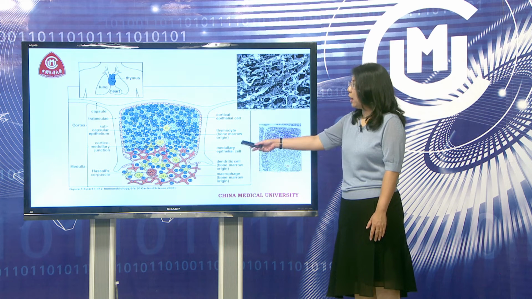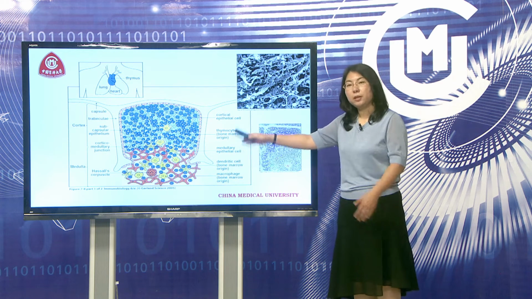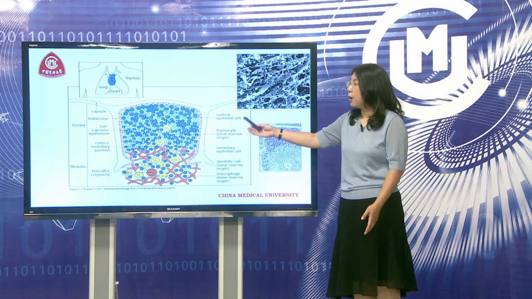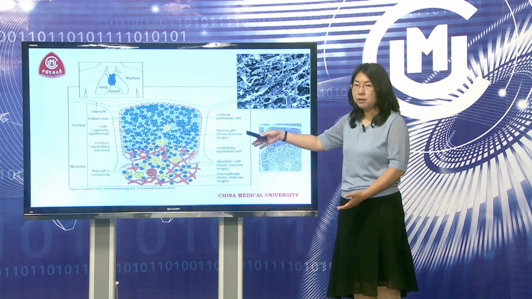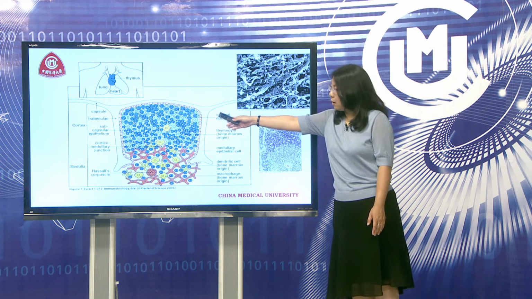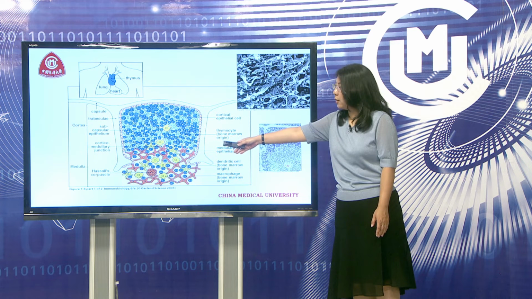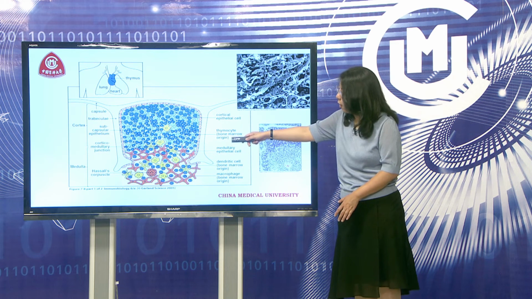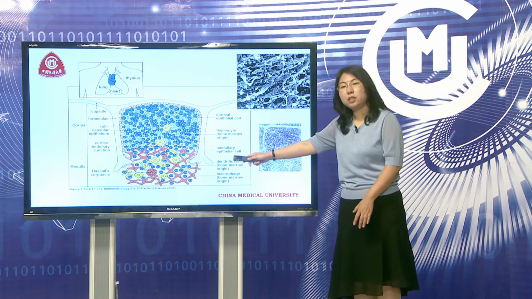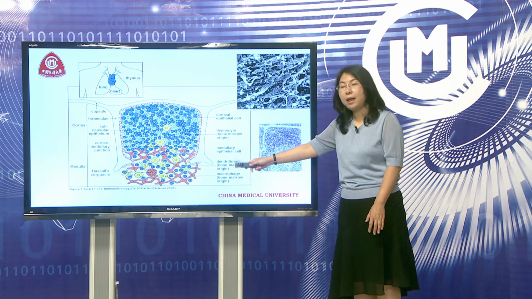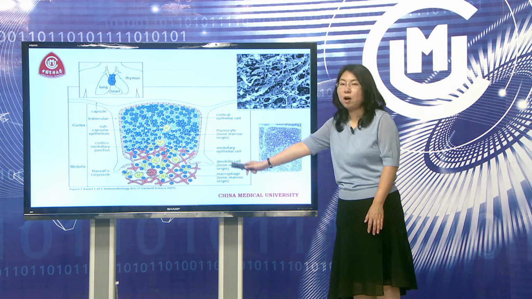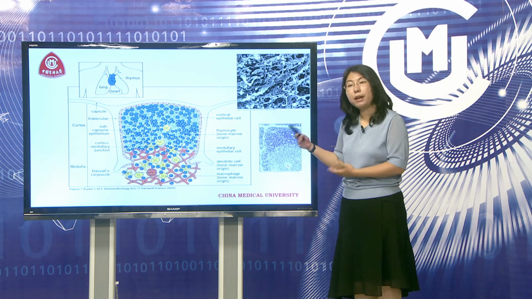So this is the structure of the thymus. The T-cell comes from bone marrow into the thymus, moves from the cortex into the cortical medullary junction, and later they go to the medulla, and during this course they finish their development.